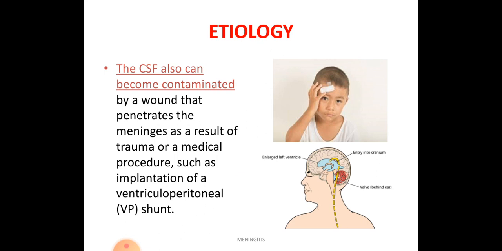CSF is contaminated whenever an individual has trauma to the head, that is, head injury. Microorganisms enter from the fracture site or wound, and from there they enter the meninges. Sometimes it is also because of medical procedures like a ventriculoperitoneal shunt. During this there is again micro trauma, which leads to entry of microorganisms into the CSF.